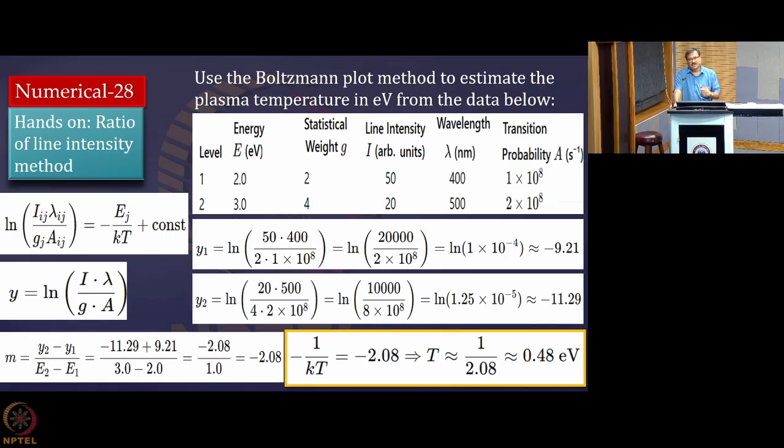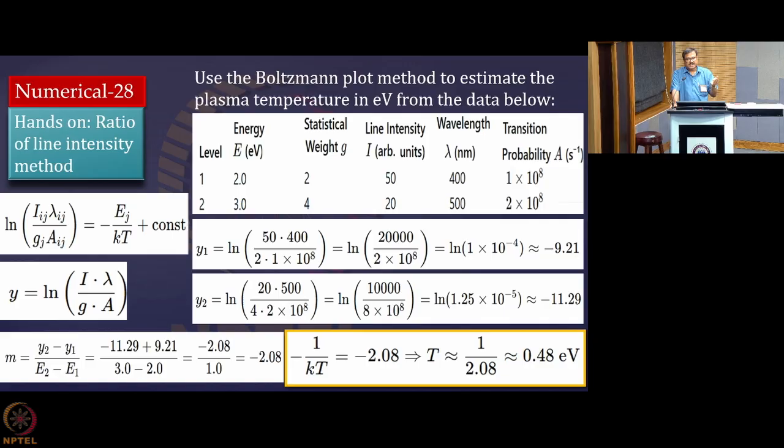But if you take, say, 10 points and try to fit a straight line, then even if there is error in 1 or 2 points, you will get an average slope which is quite reliable. So experimentalists always go for multiple emission levels.